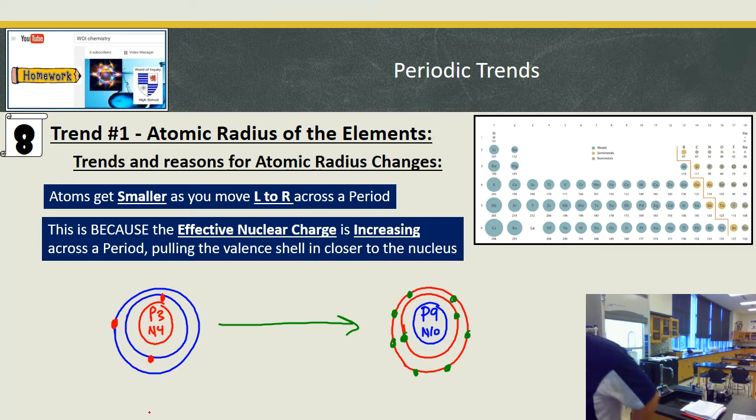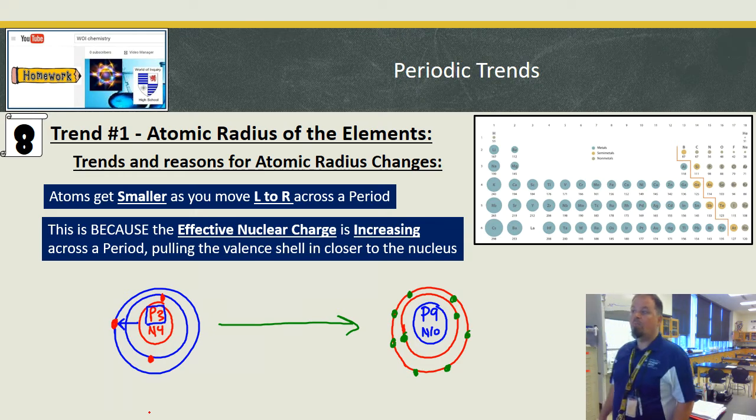Now, here I have these 3 positive magnets, and they only have to get through 1 shell to get to that outside shell. So they are going to be able to pull pretty well. There's not a lot going in between the protons and the outer shell.